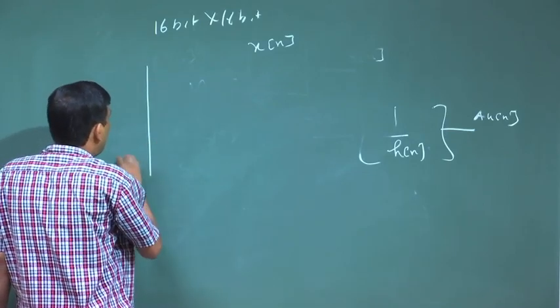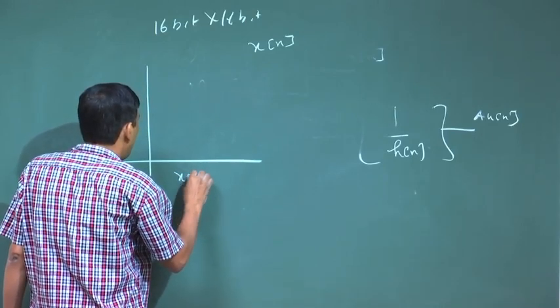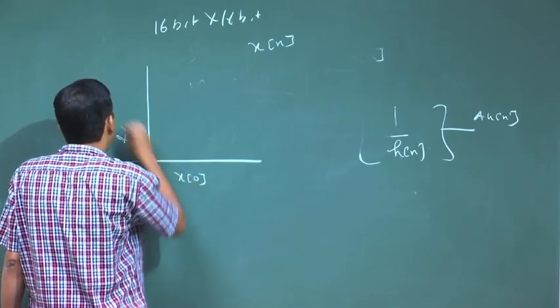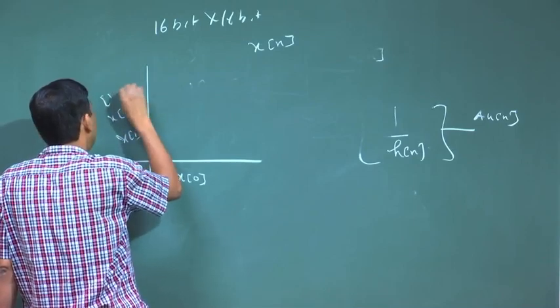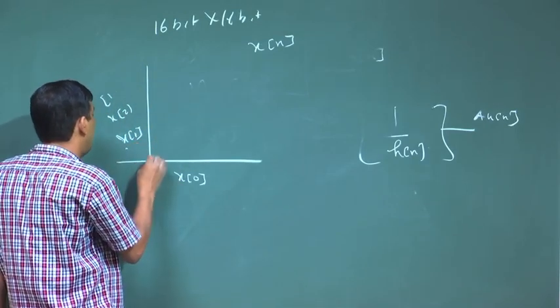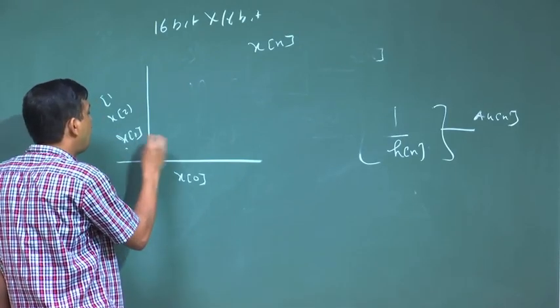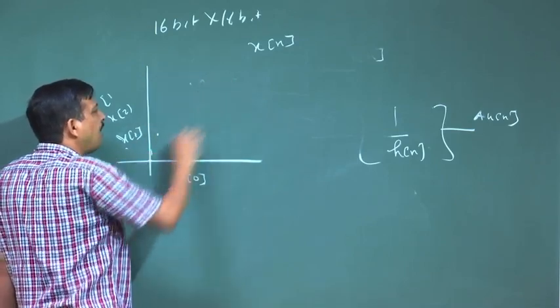Now, if I want to plot x0 versus x1, then x0 versus x2, x0 versus x3, and that way. So, x0 versus x0 will become here, x0 versus x1 will come here. So, I can get a scatter plot.